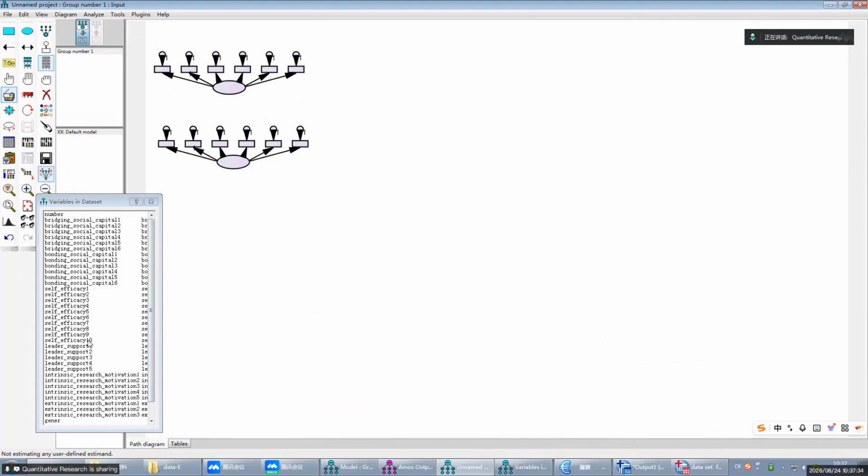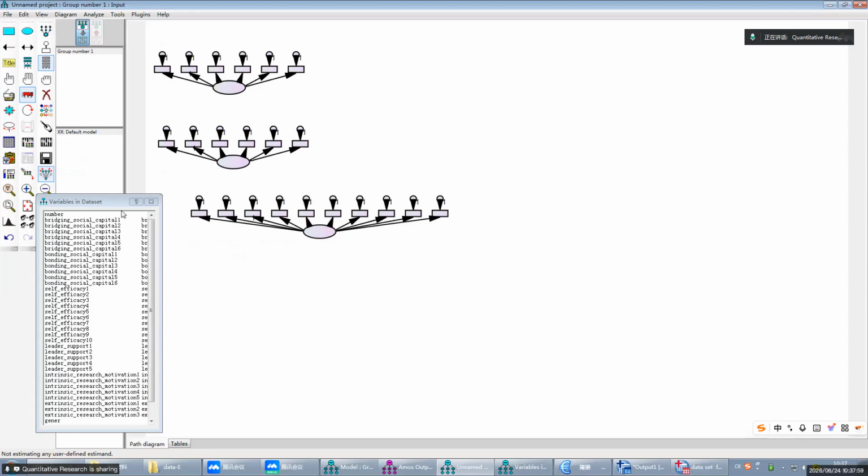For efficacy, it has 10 indicators. Or more. This is 10. Yeah. And for leader support, it has 5 indicators. Oh, 5. Yeah.